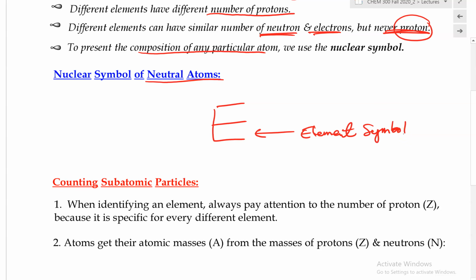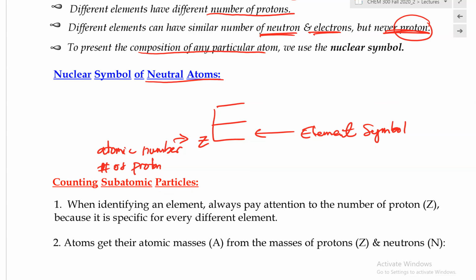And to the left side, on the lower corner of the element symbol, this is where we put the number Z, or the atomic number. This is the number Z, and this atomic number is basically the number of protons that the atom has.